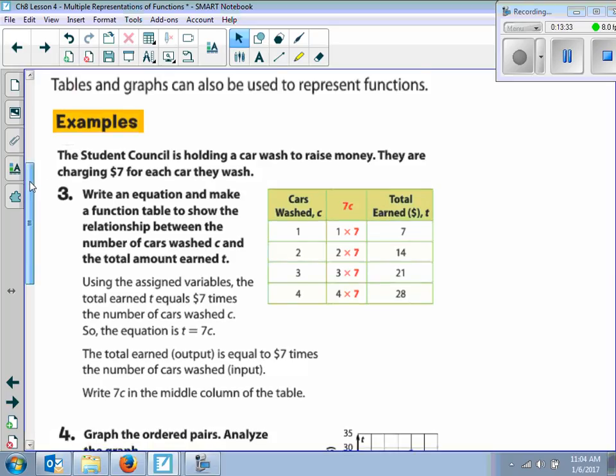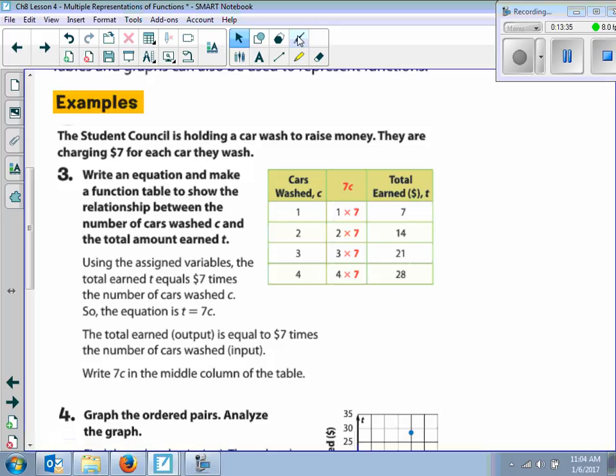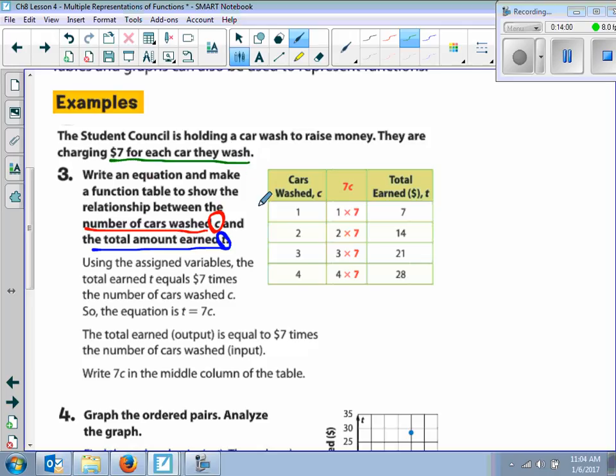So, once again, there's our variables. We've got the number of cars washed, that's C, and the total amount earned, T. Okay? Then, if you look in the words again, just like we did previously, it says they are charging $7 for each car they wash.